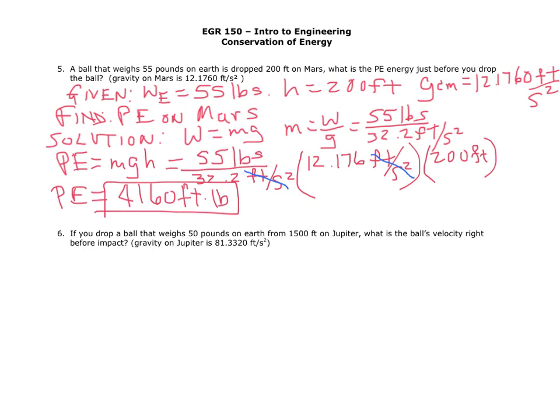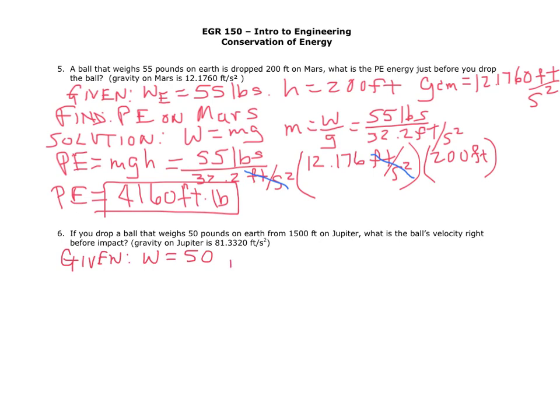Okay, on number 6, if you drop a ball that weighs 50 pounds on Earth from 1,500 feet on Jupiter, what is the ball's velocity right before impact? Okay, here we're given a ball that weighs 50 pounds. Now, it weighs 50 pounds, so remember, that's mass times gravity.